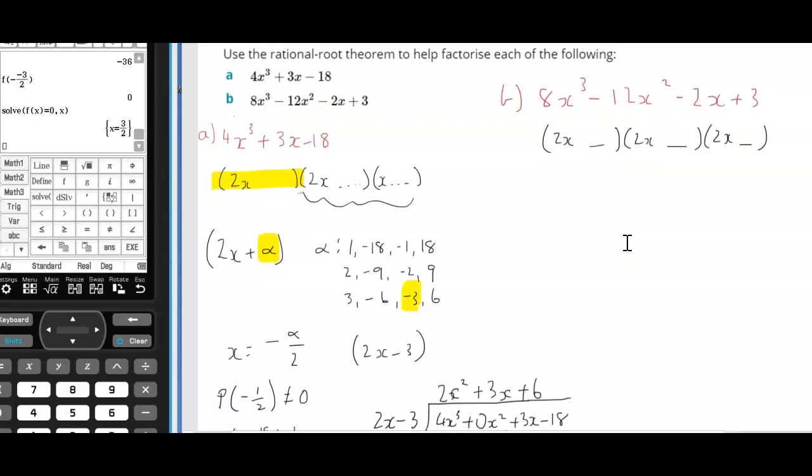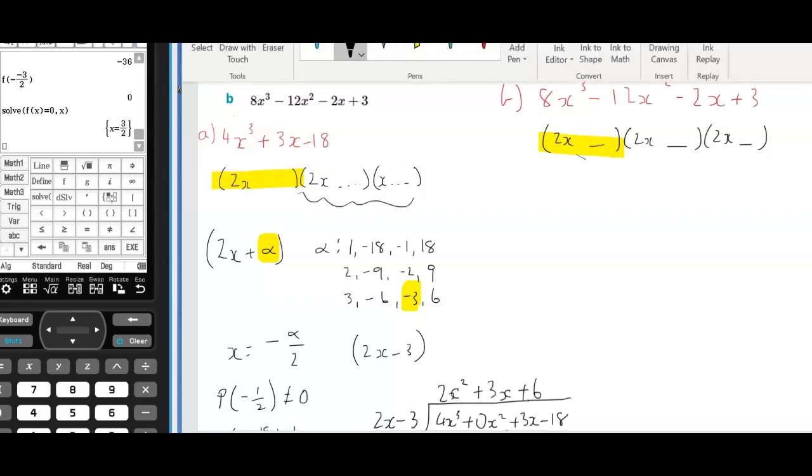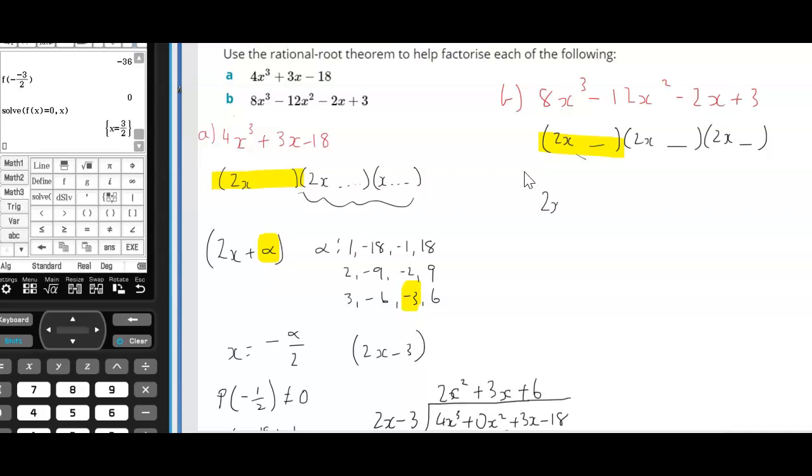I only look at the first factor, this one here. We do the working out similar to before. So 2x plus alpha is a solution, and we just have to work out what alpha could be. Alpha could be anything that is a factor of 3, so 1, 3, negative 1, or negative 3.